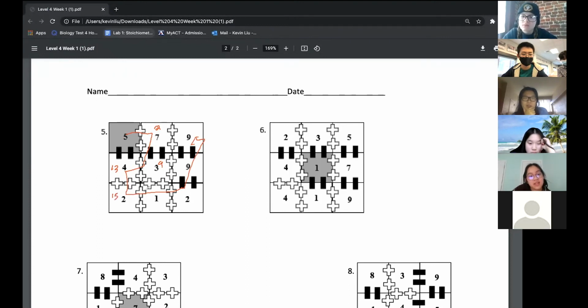It's giving a very large number. 15 plus 1, 16. 16 plus 2, 18. And then 18 minus 9. And then another 9 would give us 9. And then another 9 would give us 0. So good job, guys. Props to you guys. That was a tough one. A lot more tough than the other two. 0. Whoa, yeah.